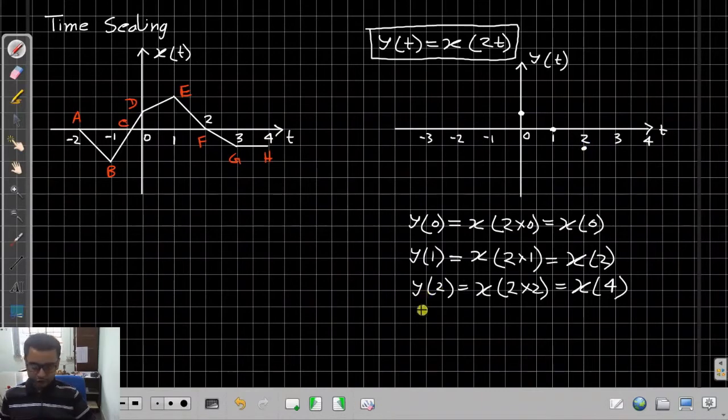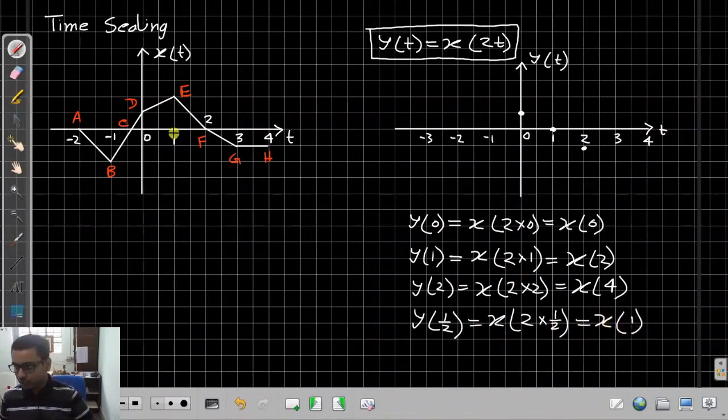We need more points. We need y of half, for example. Y of half is same as x of 2 into half, which is x of 1, and the value of x of 1 is 2. So here the value will be 2. Similarly, you calculate the value of y at 1.5. That will be same as x of 3, and x of 3 is -1. So x of 3 will come here, that is this point.